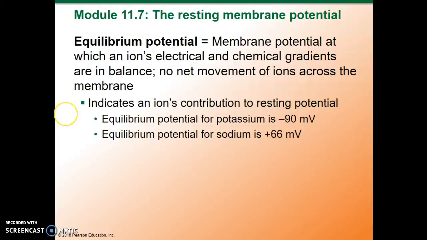Equilibrium potential is the membrane potential at which the ion's electrical and chemical gradients are in balance. There will be no net movement of ions across the membrane. The equilibrium potential for potassium is negative 90 millivolts, and for sodium is positive 66 millivolts.